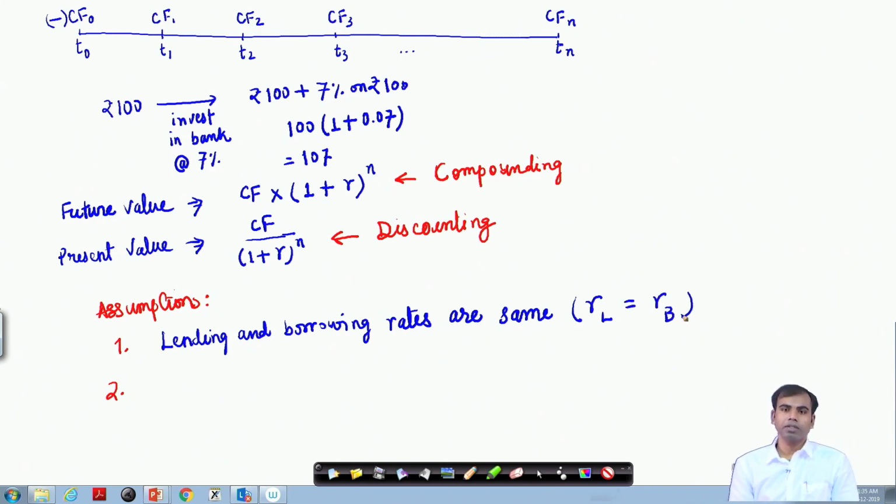What it implies is that when you are investing some money in the market, you can borrow as much money as you want at the same rate at which you are investing it. So, suppose in this case you are investing 100 rupees in your bank deposit at a 7% rate of interest. You can borrow as much money from the same bank or any other bank at the same rate of interest. So, that is what this assumption means.